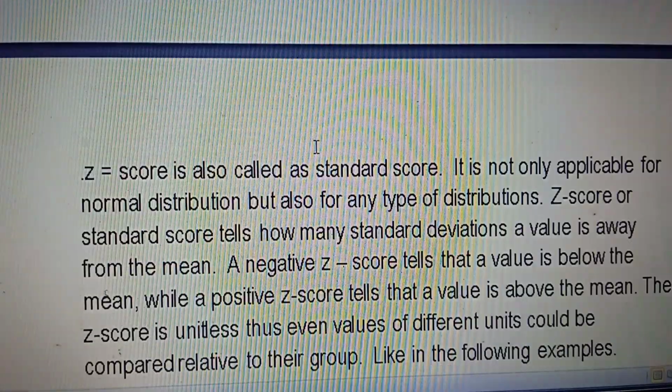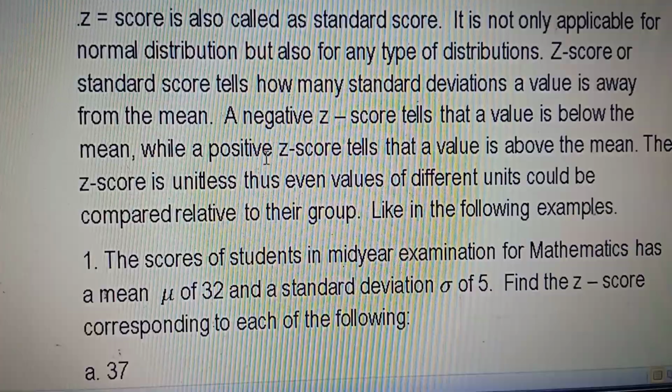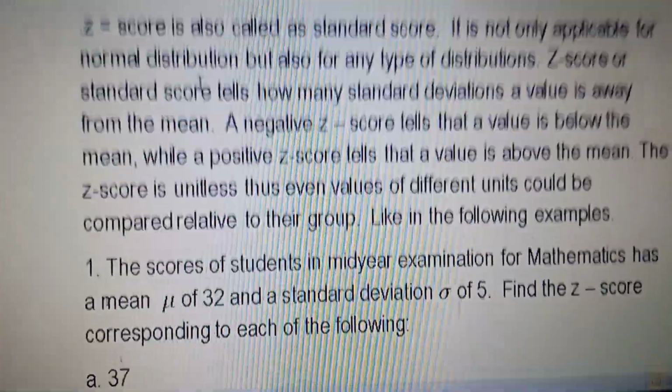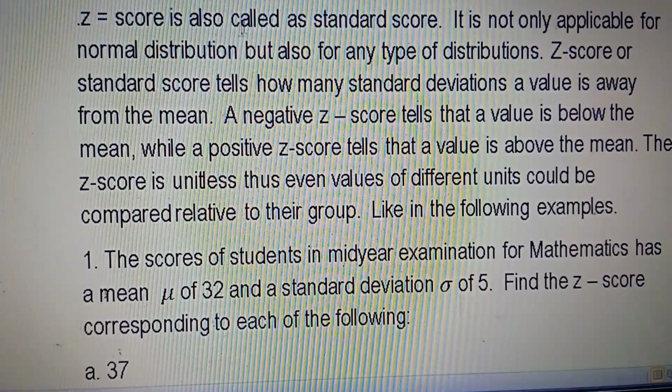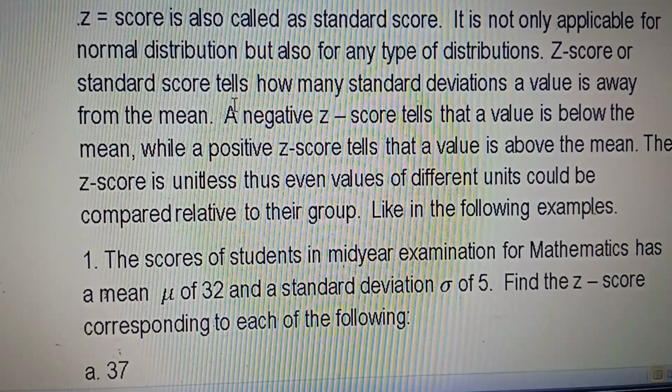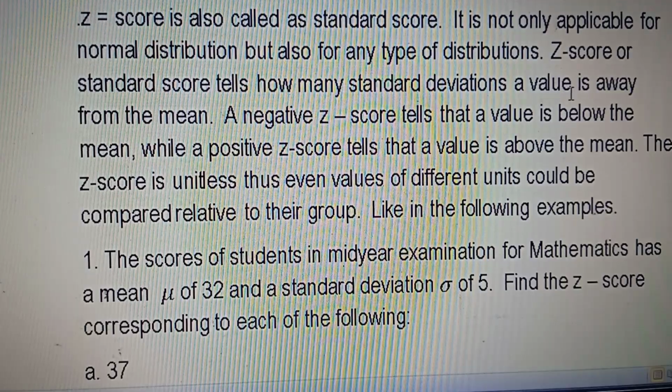Okay, so let's talk more about the z score. The z score is also called the standard score. It is applicable not only for the normal distribution but for any type of distribution, because it is already a standard score. The z score tells how many standard deviations a value is away from the mean.